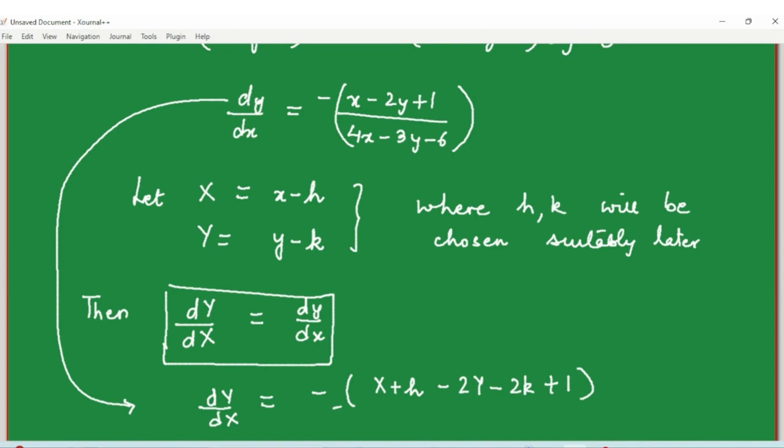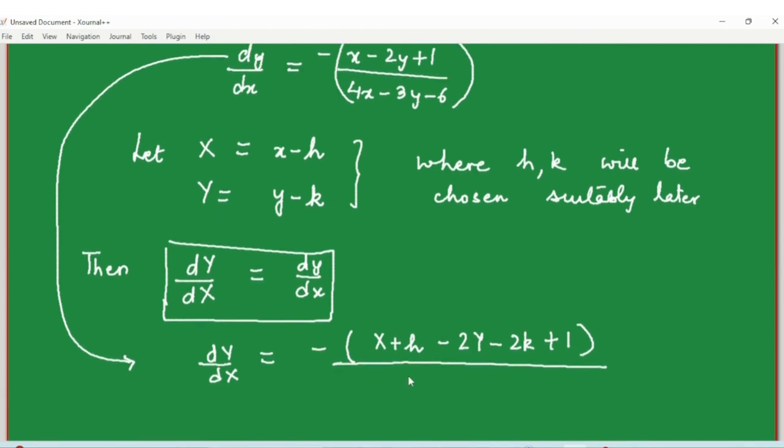So that's what happens to the numerator in the new variables. Now let's look at the denominator. It takes the shape 4 times small x, which is capital X plus h, so this becomes 4X plus 4h, and here it's minus 3 times y, so minus 3Y minus 3k, and then you have a minus 6. So that's the new denominator and that's the new numerator in the capital variables which we have introduced.